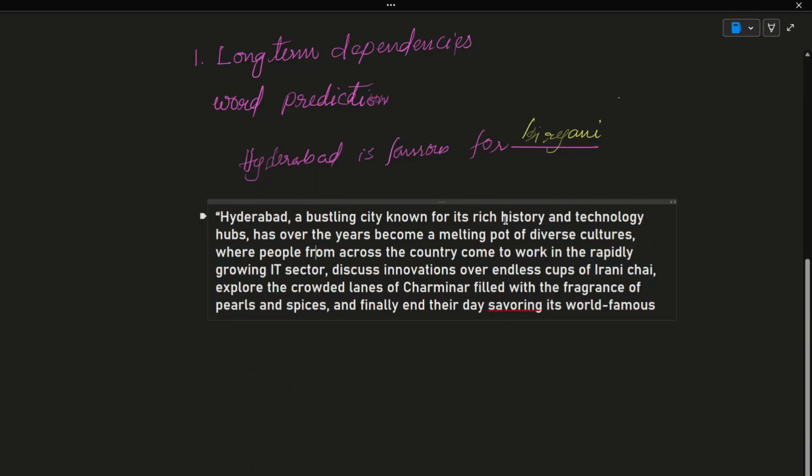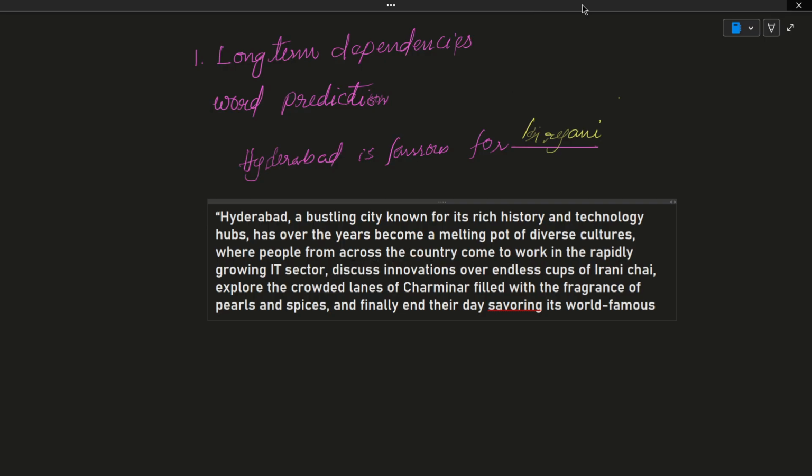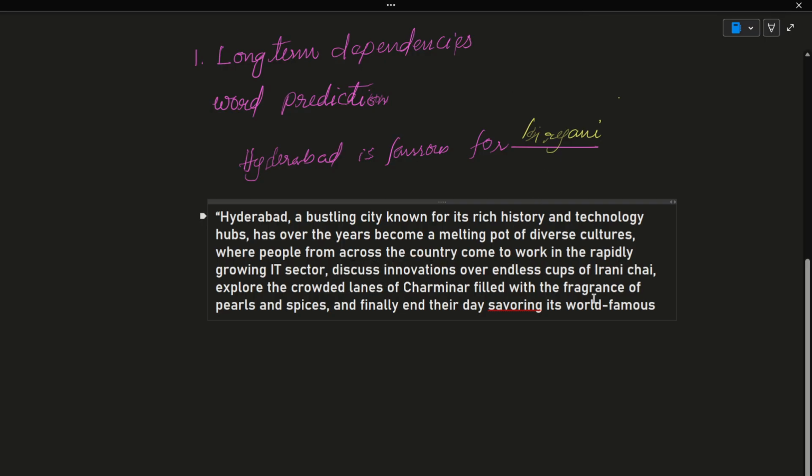Hyderabad, a bustling city known for its rich history and technology hubs, has over the years become a melting pot of diverse cultures where people across the country come to work in the rapidly growing IT sector, discussing innovations and crowded lane Charminar, and finally their day savoring its world famous dash dash dash dash dash.